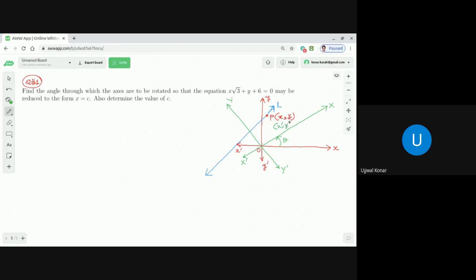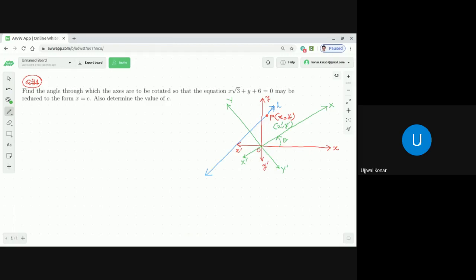That means with respect to the original red axis, the point P has coordinates x comma y.